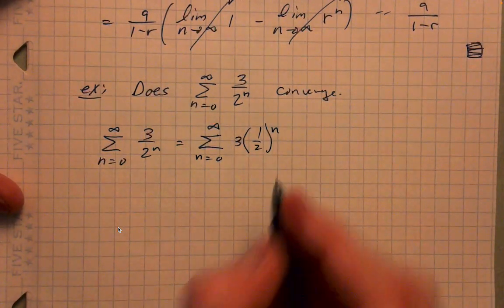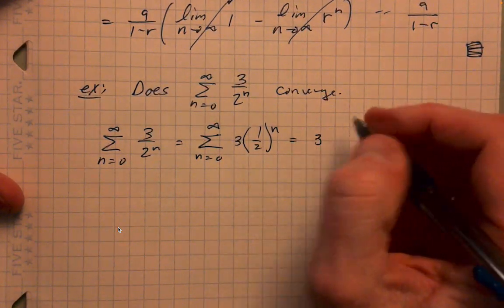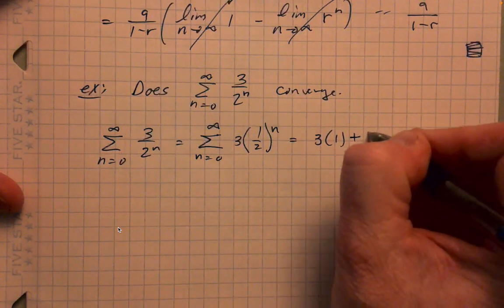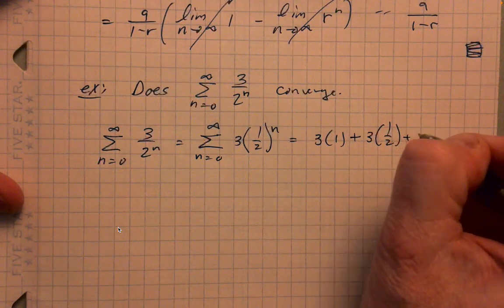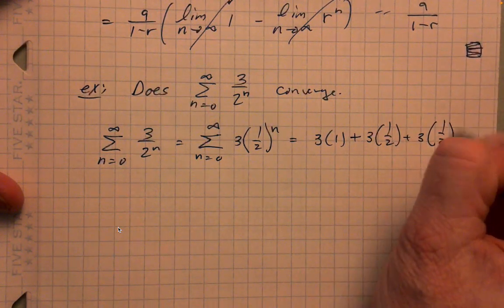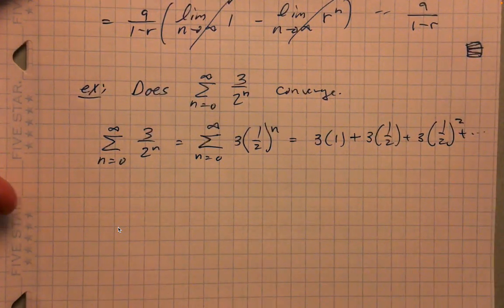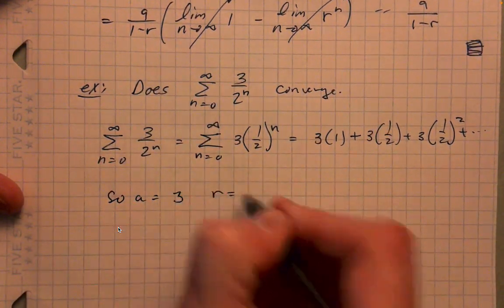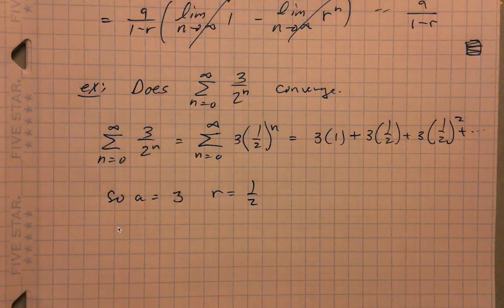You can think of this as 3 times 1 plus 3 times a half plus 3 times a half squared plus dot dot dot. So a is equal to 3, r is equal to 1/2.